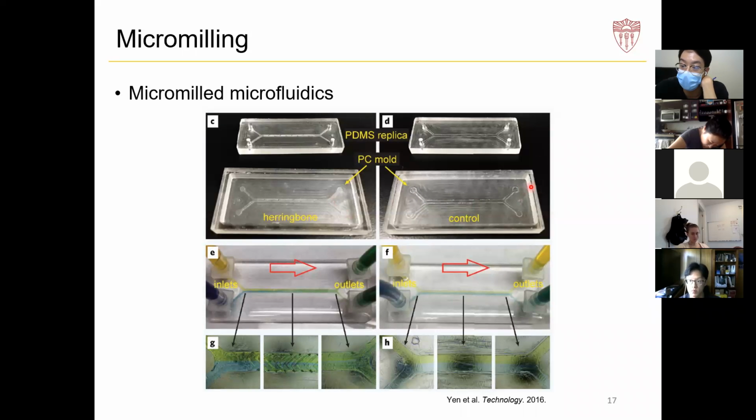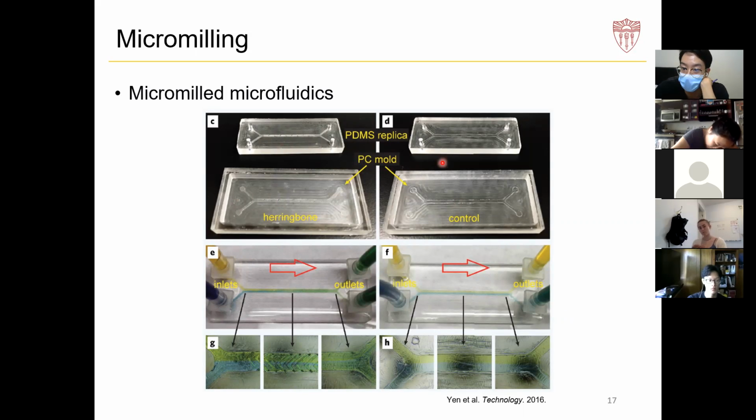Once you pour PDMS onto these molds, this is the soft lithography technique that I went over earlier, we can make these PDMS casts, which are shown above here. The channel features are exactly replicated in these PDMS devices, so it resembles what we have in these master molds, right?